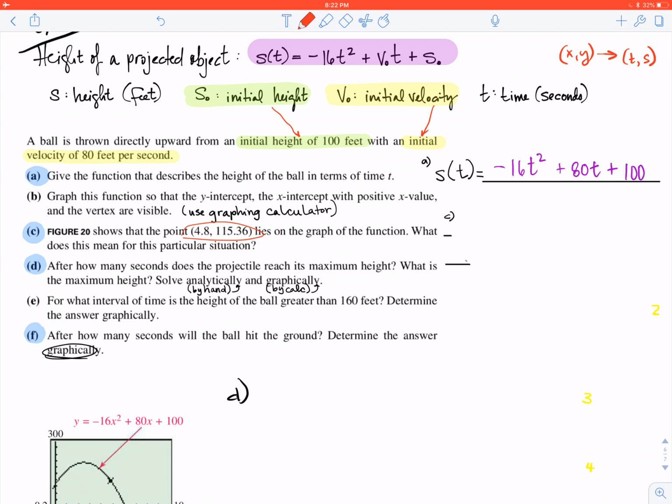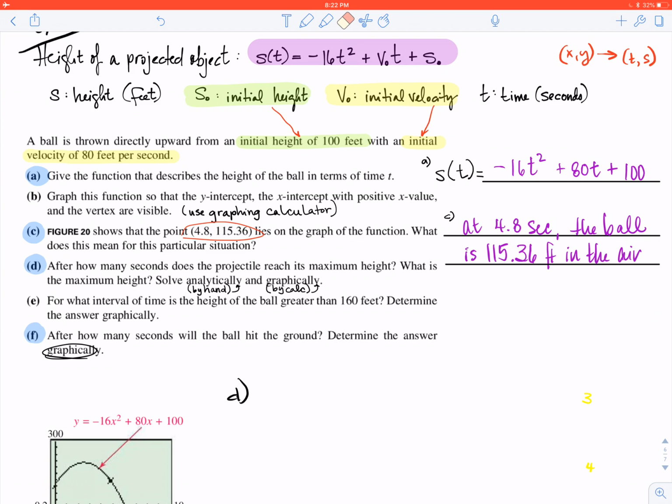So when I look at this coordinate, that 4.8 is my time, and my 115.36 is going to be my height. The best way to say this is that at 4.8 seconds, the ball is going to be 115.36 feet in the air.